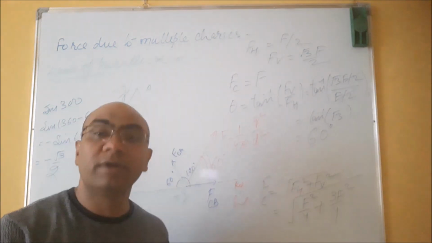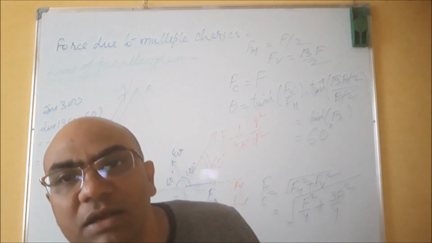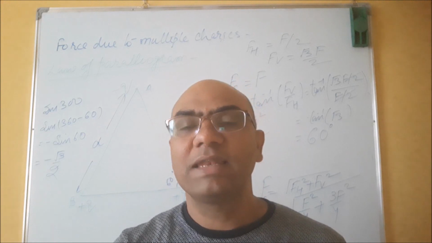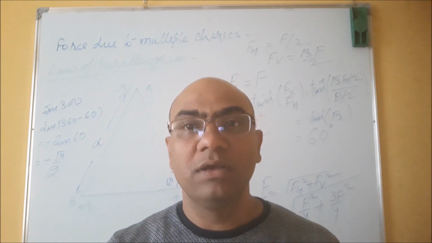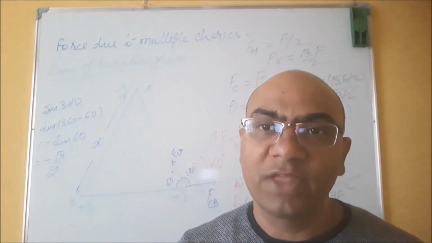I hope you have understood the concept of multiple charge particles, how we can calculate the value of the force at any particular point if we have multiple charge particles. I hope this concept is clear to you. Thank you very much.